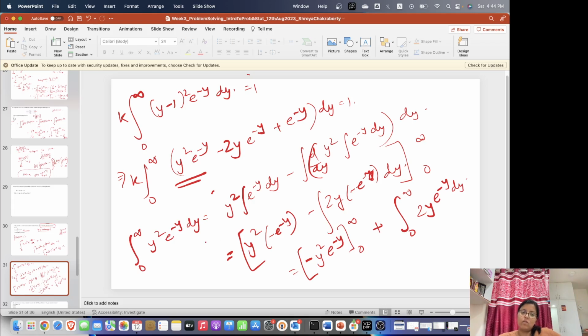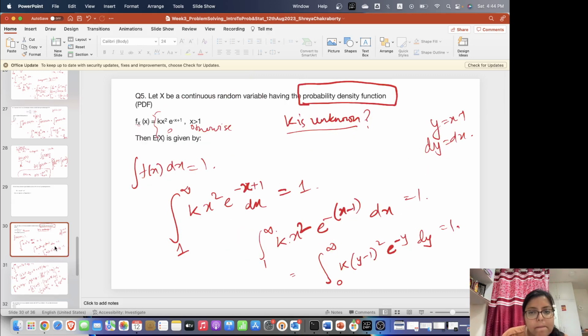Can you please go to the question slide, ma'am? Why can't we use integration by parts in the first step itself, on x square e to the power minus x? We can do it, we just have to be mindful of this.